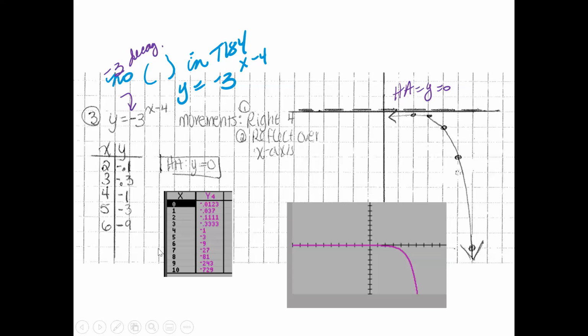And that is it, you guys. This should be your answer for that. And then for the movement, notice that the -4 means you go 4 to the right, and that's it. And because there's a negative in front of the 3, you're going to reflect over the x-axis. So on your poster, you should have all 3 of these graphs on there.